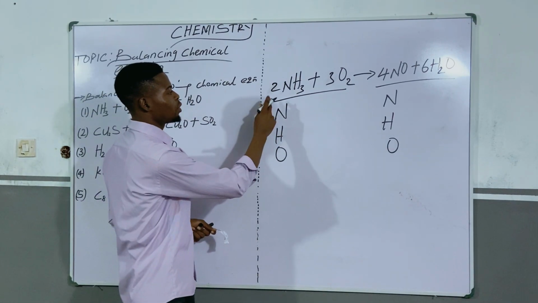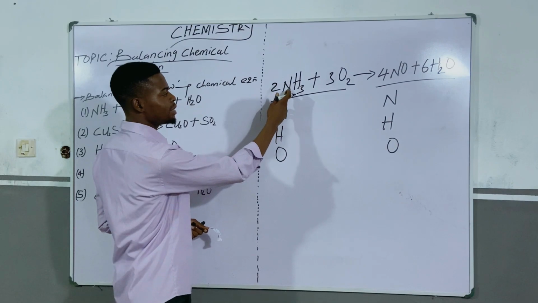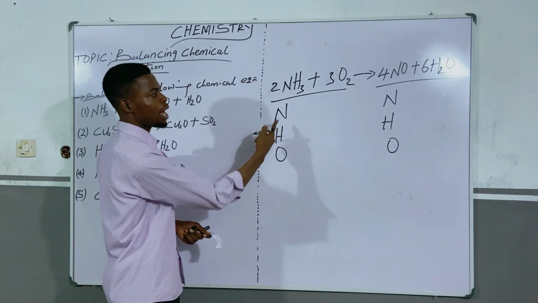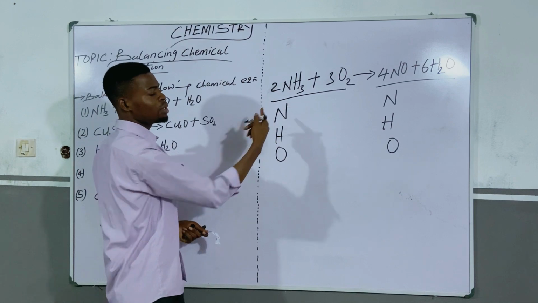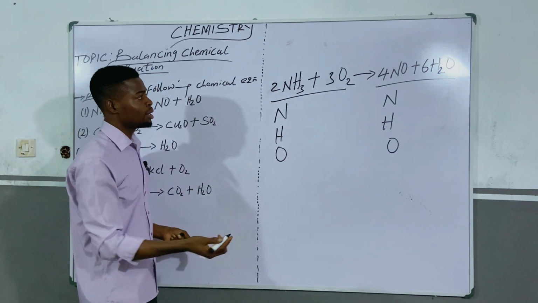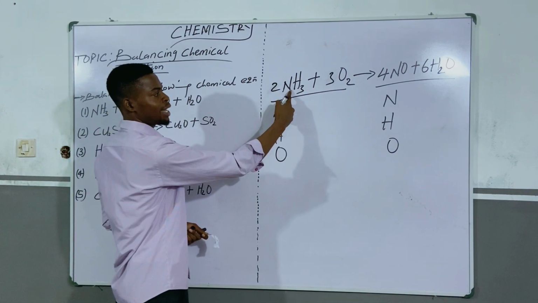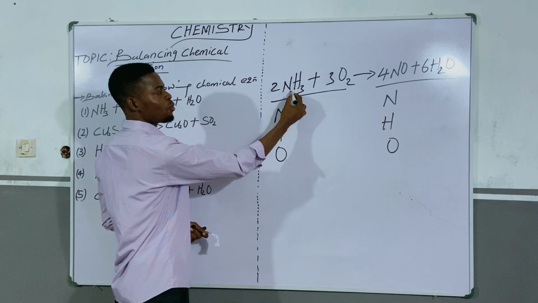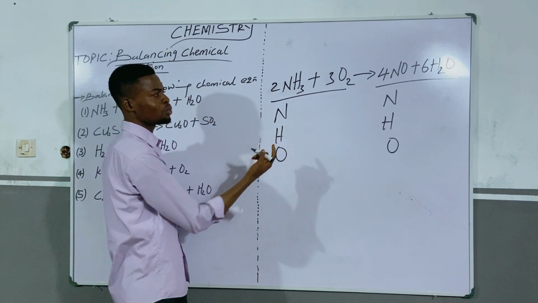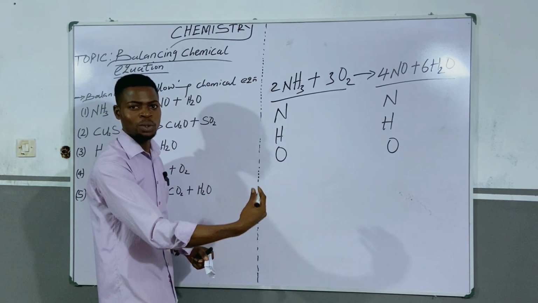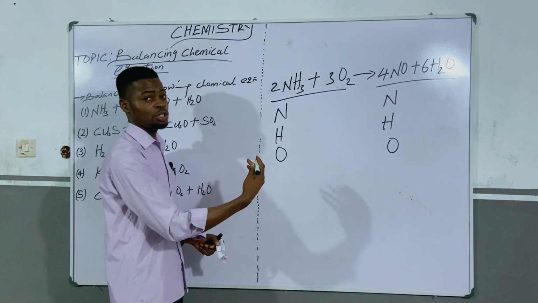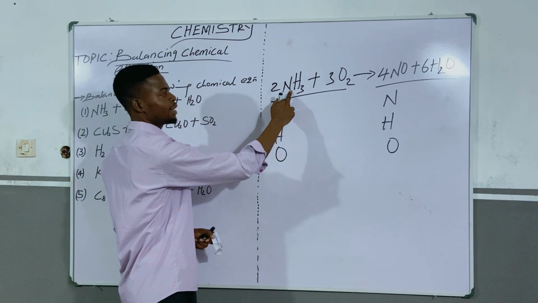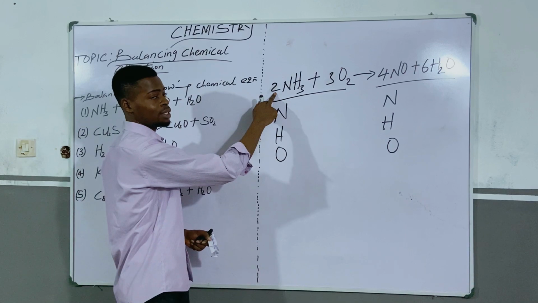Here, this is nitrogen. How many nitrogen atoms can you see here? We have only two nitrogen here because the subscript here is 1. When you don't have a number below the symbol of the element, we assume it to be 1. So 1 times 2 is 2.